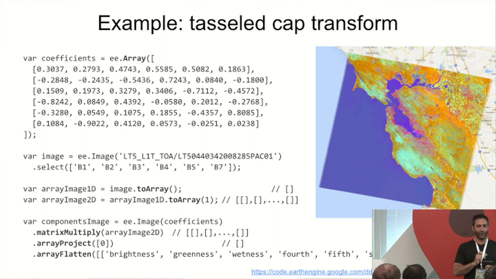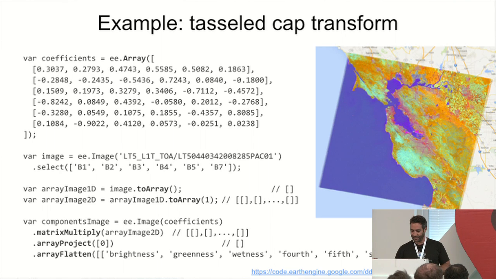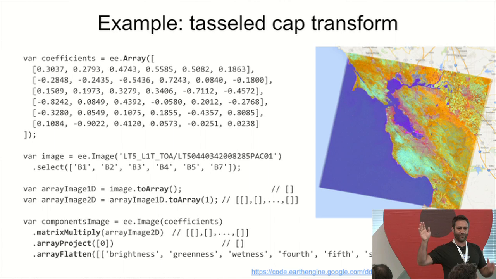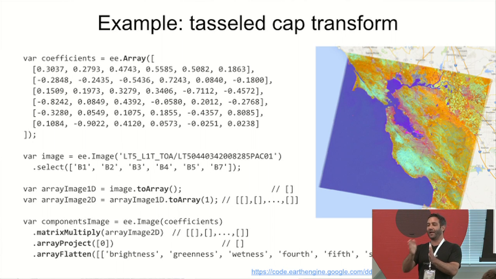You want a multi-band image. So the first thing that you have to do is toss out the extra dimension, and that's what arrayProject does. So arrayProject says, I want to keep all the variance on the 0 axis and throw out the other axes. So you go from a 6 by 1 matrix to a length 6 vector in each pixel.